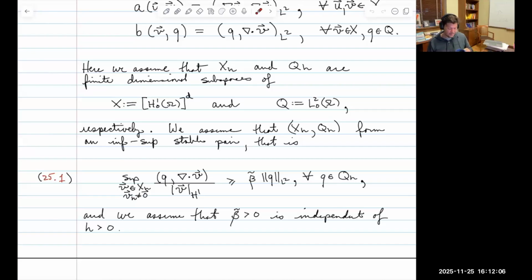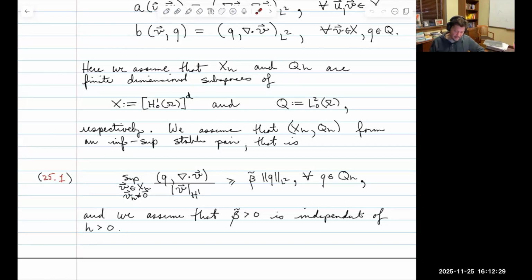The good thing about inf-sup stable pairs is they give us a lot of useful properties. The first is that we are guaranteed that the discrete solution exists and is unique. We went through that proof in detail last time.